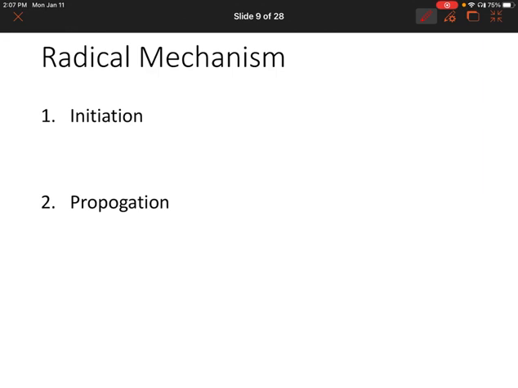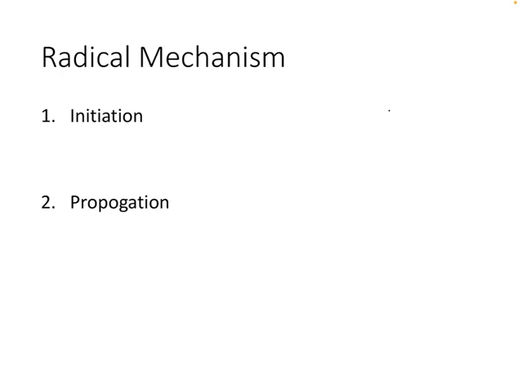So let's look at our radical mechanism. Now there are 3 steps to this mechanism. There's initiation, where we create radicals. There is propagation, and in propagation, the location of the unpaired electron moves around.